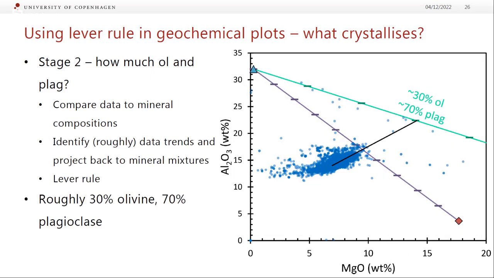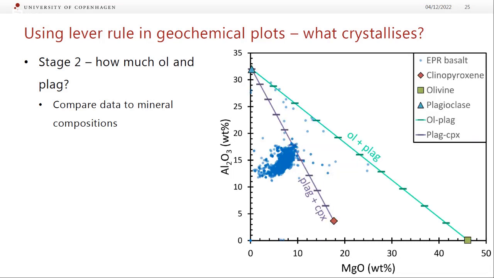So I've just zoomed in a bit because the olivine is way off and it's not very useful. Now, it's a little bit messy, but would you agree with me that this is kind of the trend that we're seeing when the aluminium starts dropping? More or less, yeah. So what we do is we know that second stage was olivine and plagioclase, so we project it backwards until we hit this line between olivine and plagioclase.